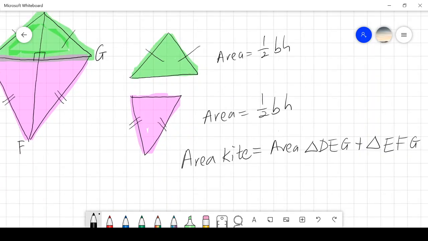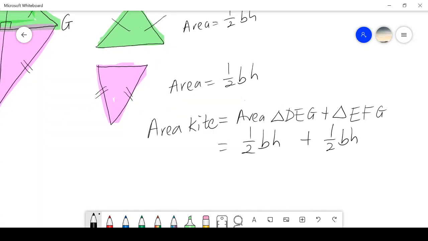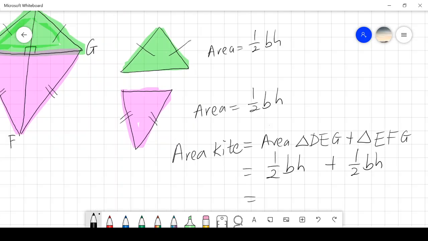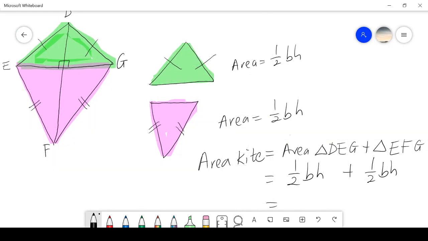And let's go a bit further. Half base times height plus half base times height. Now, in triangle DEG, what is my base? Right, it's EG.